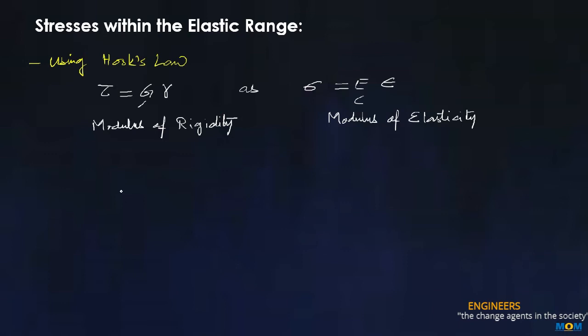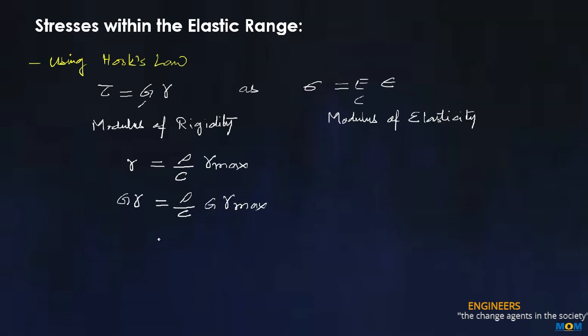Now coming back to the same expression, gamma is equal to rho upon C gamma max. Now multiplying G on both sides, the modulus of rigidity, G gamma is equal to rho upon C G gamma max.